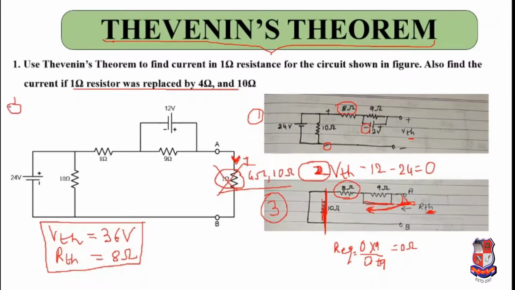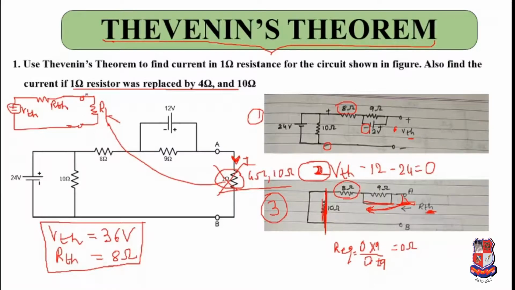This will be your VTH, and this will be connected in series with RTH, and over here there will be load resistance RL, which is now brought in. Initially here there was an open circuit, the load resistance was removed, and it is now brought back over here.